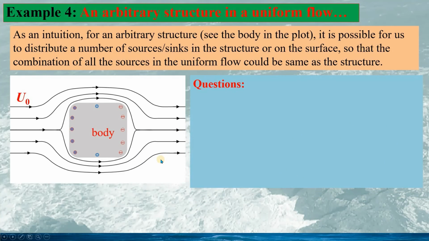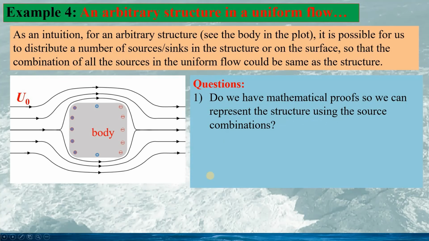So if so, we might have the following questions. The first question would be, do we have any mathematical proofs so we can represent the structure using the source combination, such as the uniform flow past the doublet equivalent to a flow past a cylinder or a sphere.